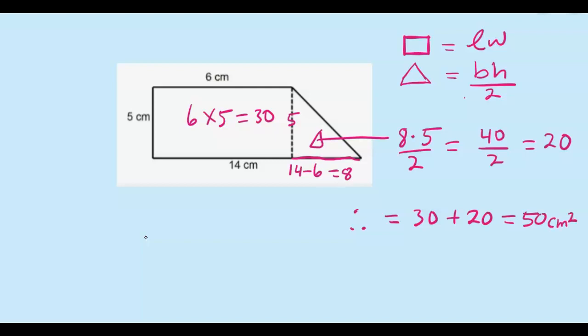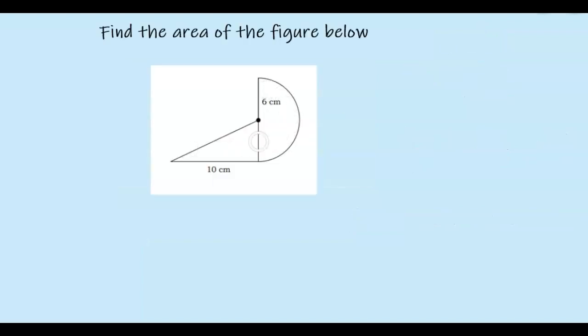Right, let's look at this composite figure here, and we want to find the total area of this shape. Realize that it's a composite of a triangle and half a circle, a semicircle. We know that the area of a triangle, from our previous example, is the base length times the height, all divided by 2.